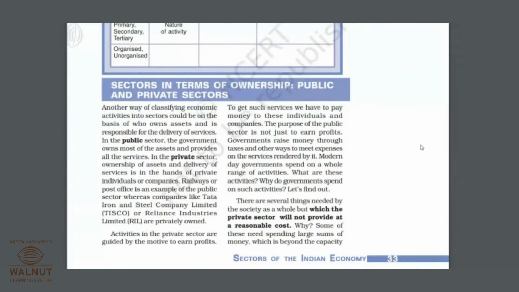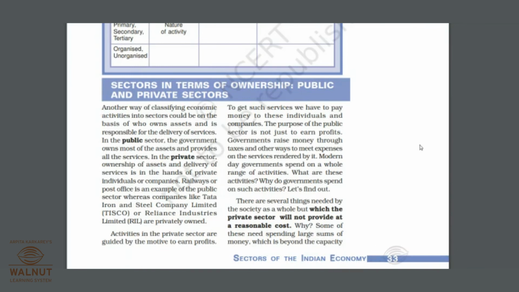Another way of classifying economic activities into sectors could be on the basis of who owns assets and is responsible for the delivery of services. In the public sector, the government owns most of the assets and provides all the services. In the private sector, ownership of assets and delivery of service is in the hands of private individuals or companies.